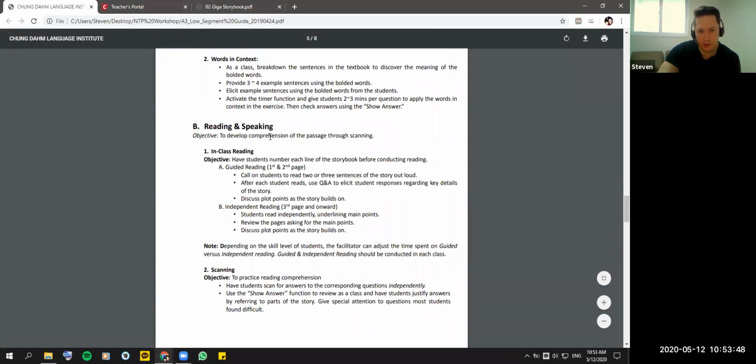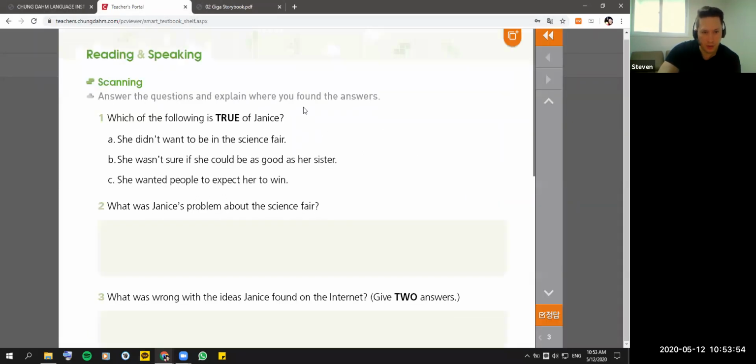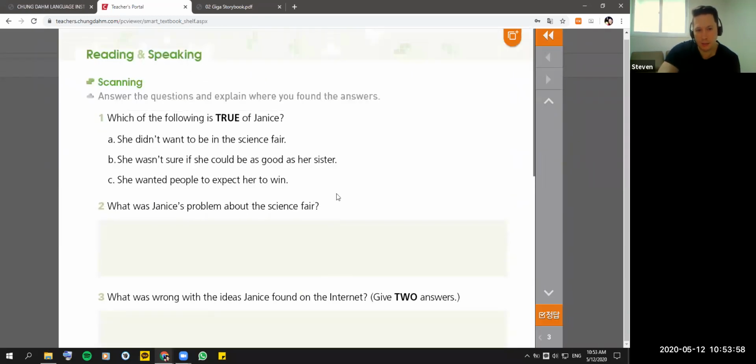The objective here is to develop comprehension of the passage through scanning. So I'll jump to the next page. All right, this is reading and speaking. Now, to me, I think this page is really important because it's one of the times in the class that sometimes I don't know what my student is taking.